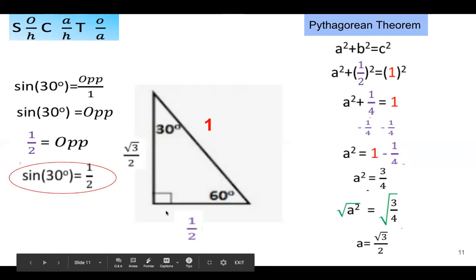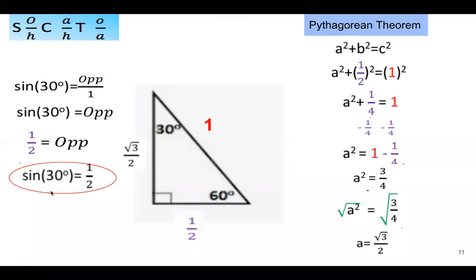Okay, so here's our findings, everybody. I went ahead and wrote this down. The sine of 30 degrees is going to be equal to 1/2. Why? We know sine is SOH from SOHCAHTOA. This side was opposite and this side was hypotenuse.